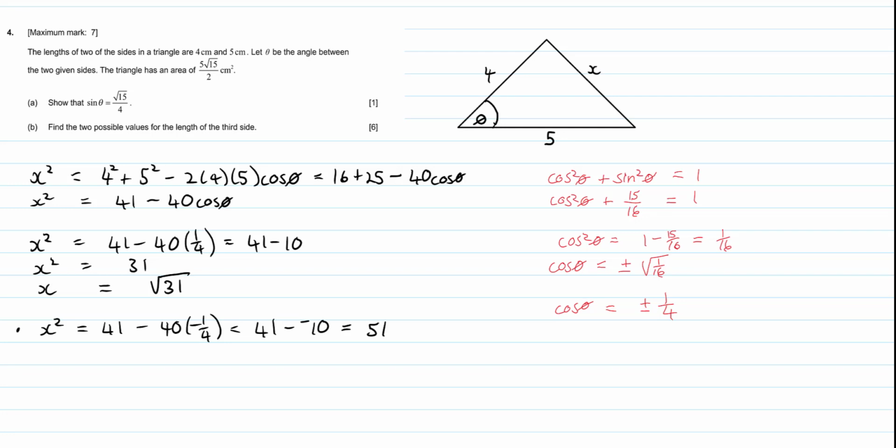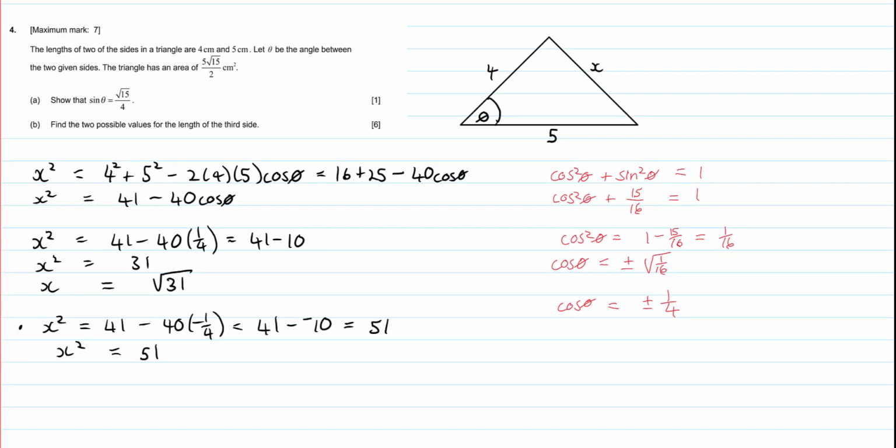So x squared is equal to 51. So taking the square root of both sides, we get x is equal to the square root of 51. And as before, we're just taking the positive square root.